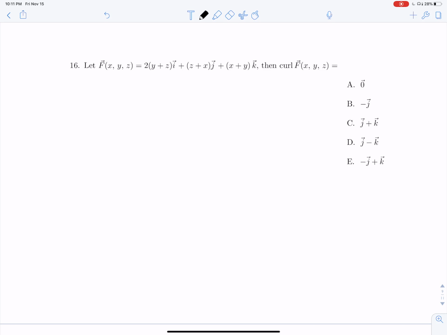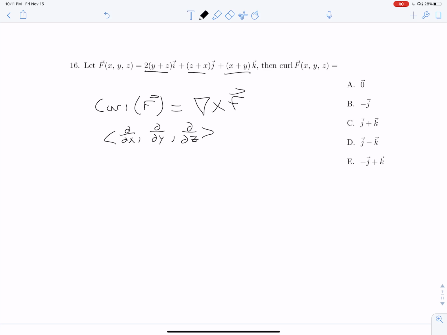Okay, we have a vector field which is defined in terms of i, j, and k, and we're just finding the curl. So we know that curl of F is going to be the del operator crossed with F, where the del operator is just, in this case, a vector, which is partial x, partial y, partial z.